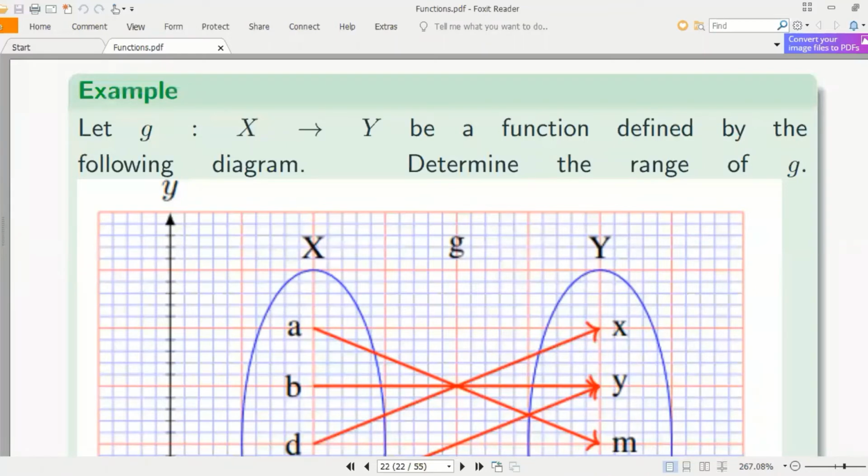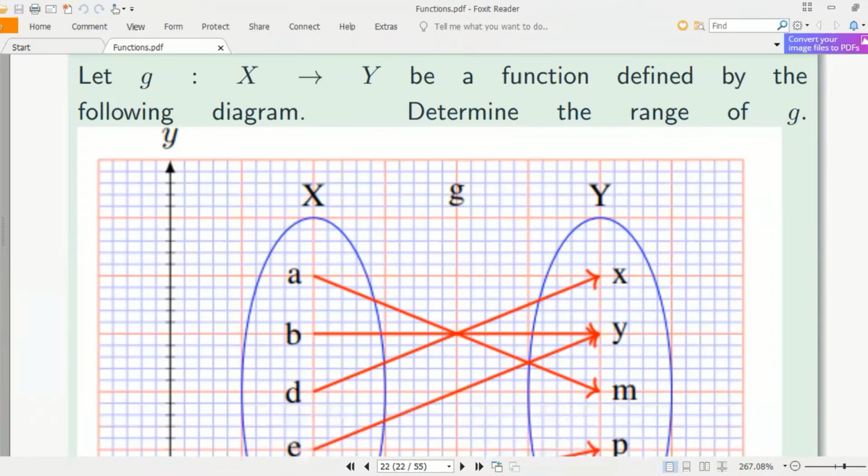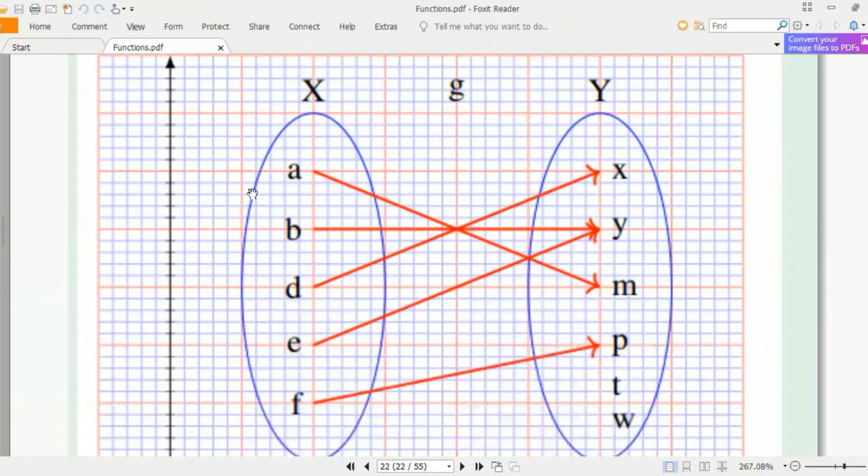I want to look at this example. The example says, let G, assigning elements of x to those of y, be a function defined by the following diagram. Determine the range of G. This is very easy. Of course, it's a function. So I just want to look at what elements of the domain have been mapped to.